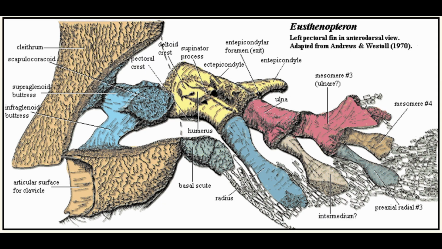So Eusthenopteron had a humerus, a radius, and an ulna, similar to the humerus, radius, and ulnas present in humans, but these likely were not used to actually push it across terrestrial ground, and instead were more closely related to navigating the shallow water systems that we know Eusthenopteron inhabited, so navigating sediment or other debris within these river systems, but not like fully pushing it across the ground.